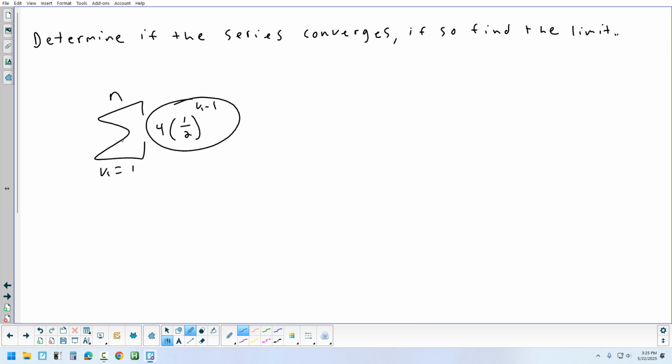What is the first term in the geometric sequence of numbers we are adding together? Yep, 4. And what is the R value in this geometric sequence? Yep, 1/2.